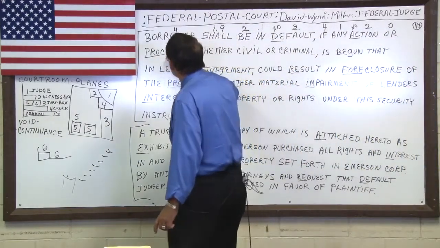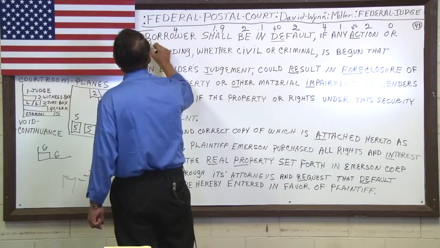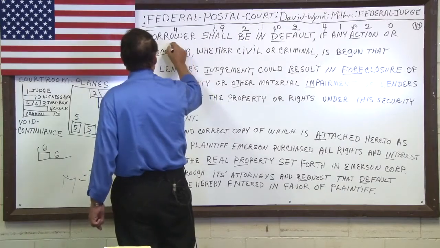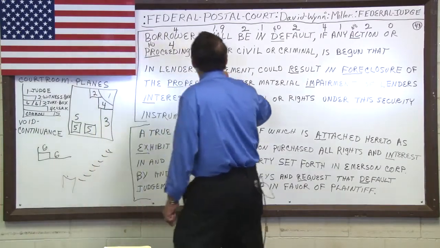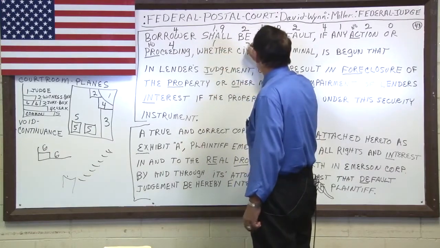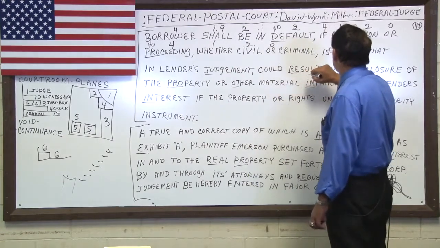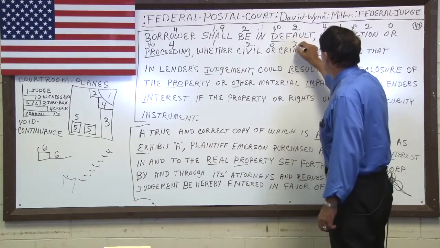Proceedings. PRO means no, and proceeding is used here as a pronoun followed by a comma. Whether becomes the adverb making civil to be a verb, or again is a neutral conjunction. Criminal also becomes a 2.